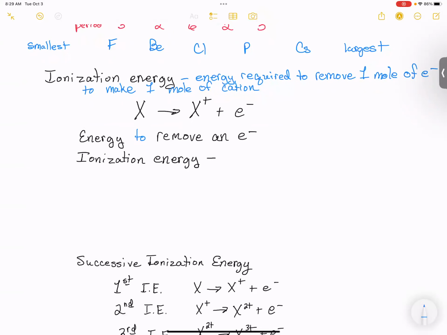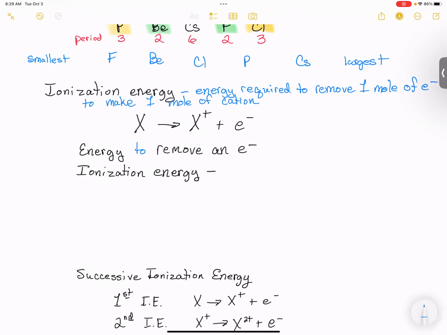Now, what we can expect is that our ionization energy will decrease with an increase in atomic size.